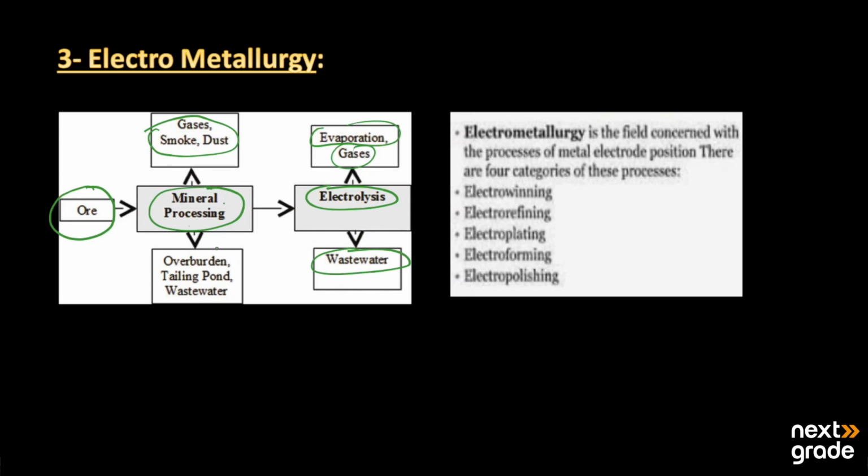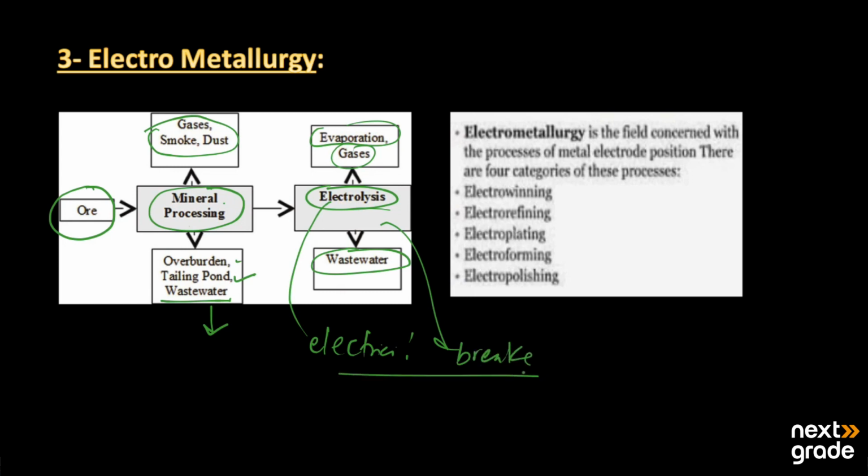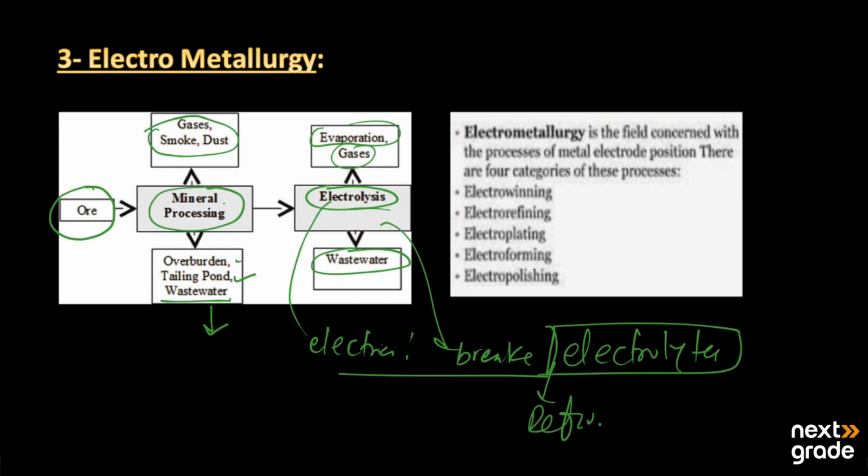In the mineral processing, there are mainly overburden and tailing ponds, and the waste water is removed. Electrolysis means the use of electricity, and lysis means breakage. So water or an electrolyte is used for the process of electrolysis. This is basically the refining process.